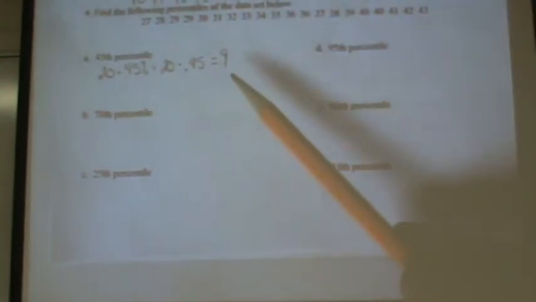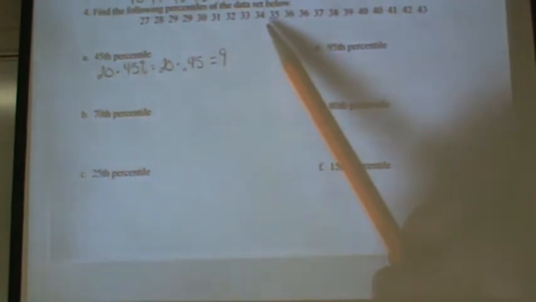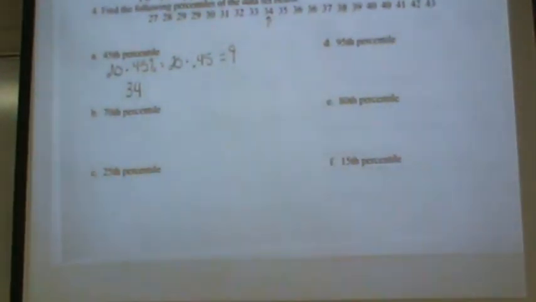This 9 is not your answer, that's how you find your answer. So we're going to count 9 numbers in, and that'll give us the number at the 45th percentile. So 1, 2, 3, 4, 5, 6, 7, 8, 9. So 34 is our 45th percentile. So your 45th percentile is 34.